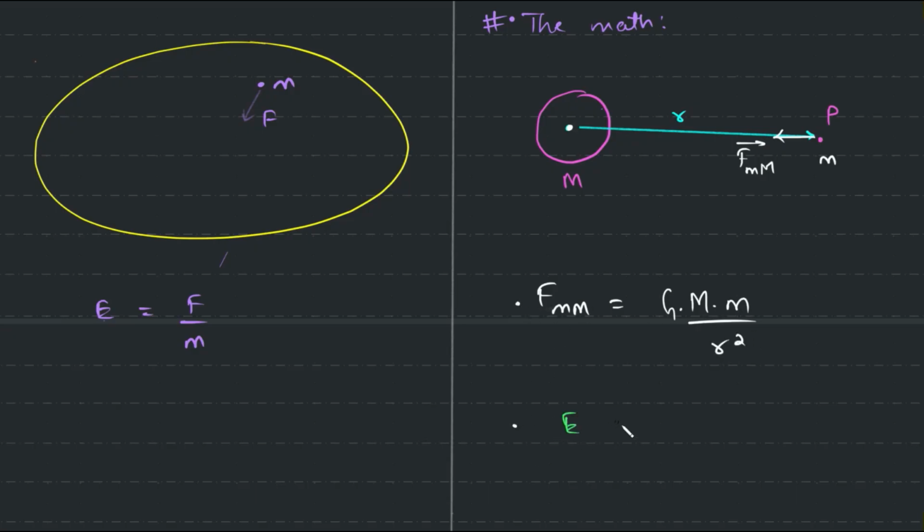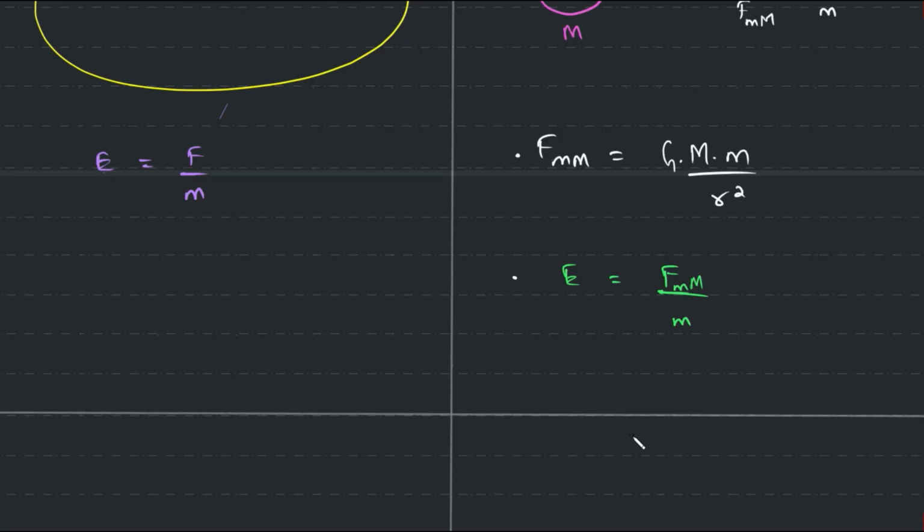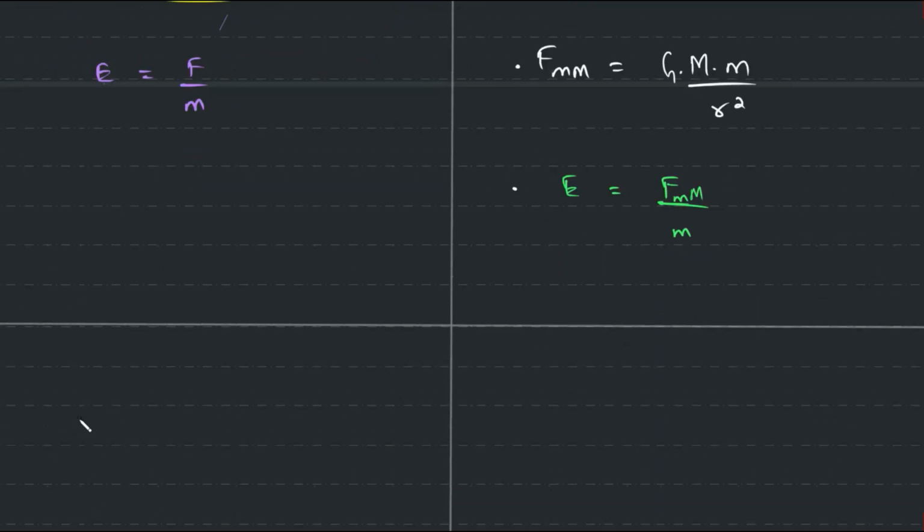Now, your gravitational field intensity is given by F divided by small m. Again, this is a subscript, don't get confused. If I substitute that, E will be equal to G M by r square divided by m.